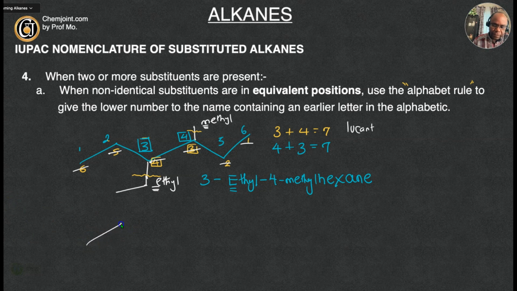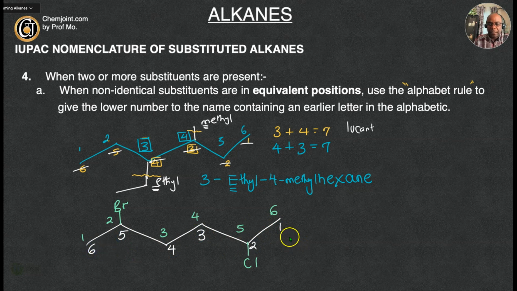So suppose you have the halogens. Maybe we have a bromine here and we have a chlorine here. Again, if you try numbering, let's say 1, 2, 3, 4, 5, and 6, and I number from the right 1, 2, 3, 4, 5, and 6, you will realize that if you go with the white using the sum of locant positions, you have something at 2, you have something at 5.